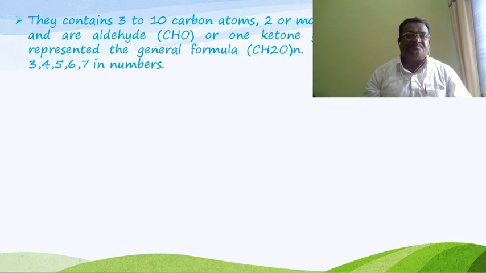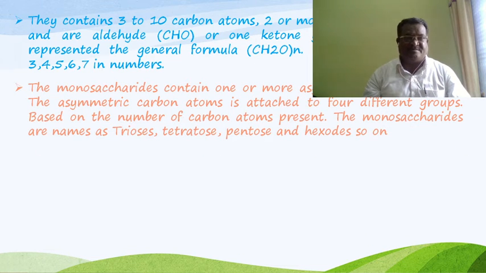They contain 3 to 10 carbon atoms, 2 or more hydroxyl OH groups, and an aldehyde group, that is CHO, or one keto group, that is CO. They are represented by the general formula (CH2O)n, where n may be 3, 4, 5, 6, 7, that is in increasing order.